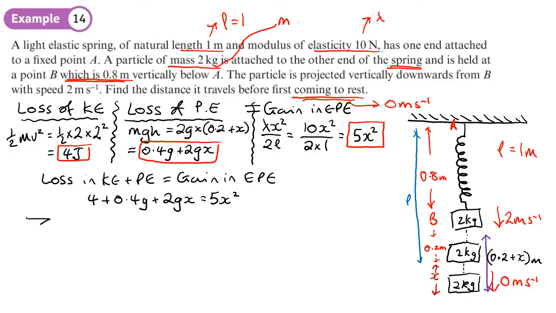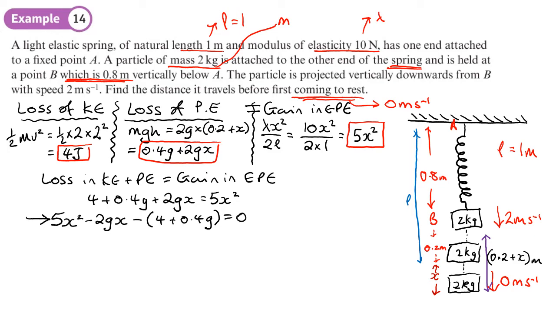We can rearrange that to give us a quadratic. Well, it is a quadratic, just needs rearranging. So 5x squared minus 2gx minus, and then 4 plus 0.4g, like that, equals 0.